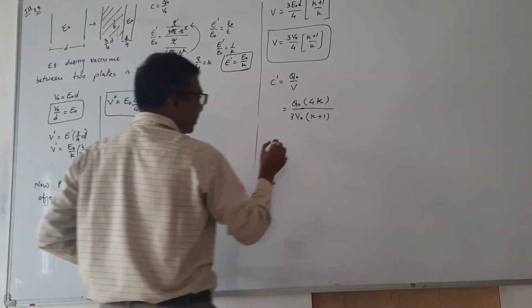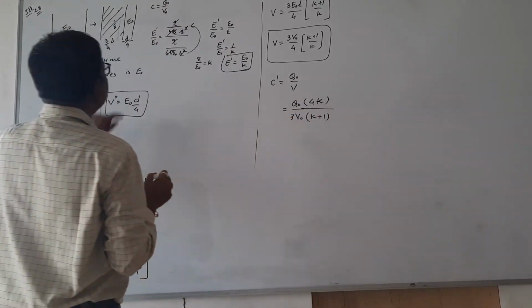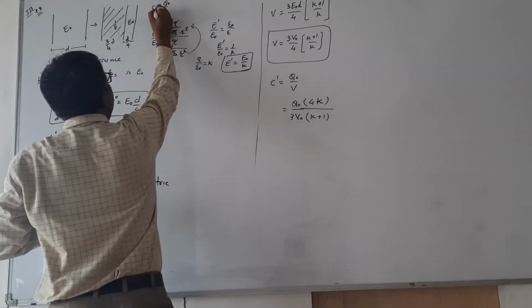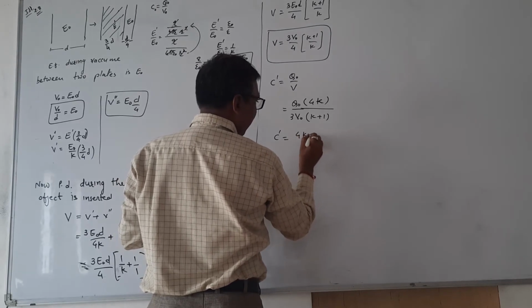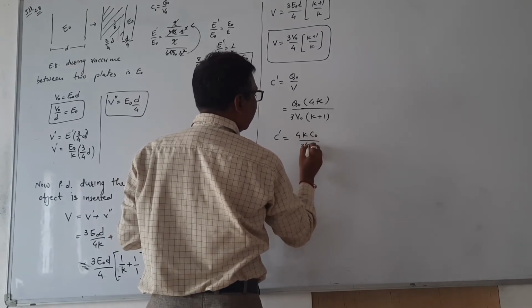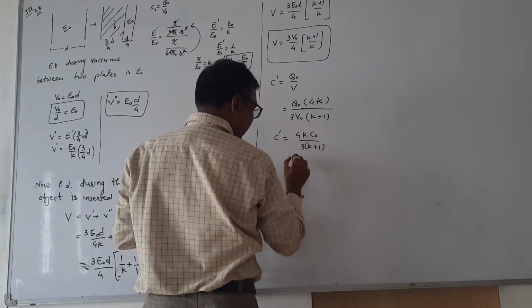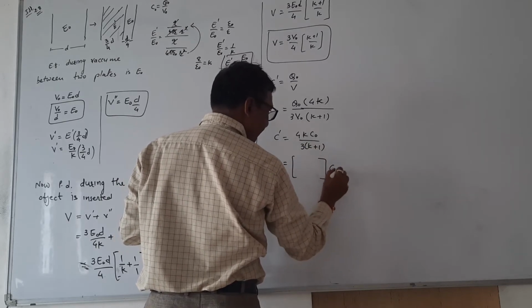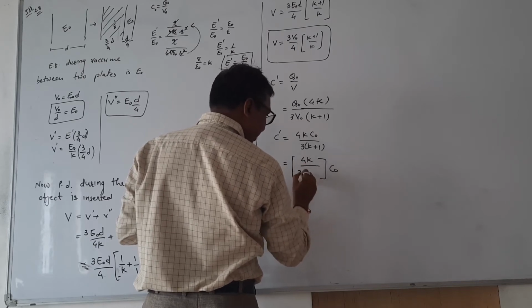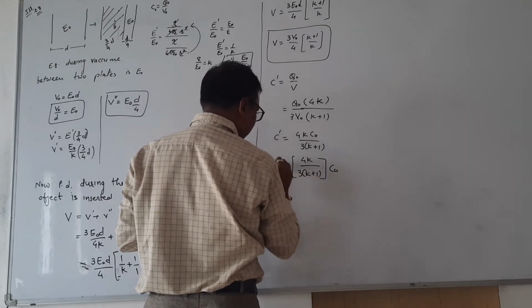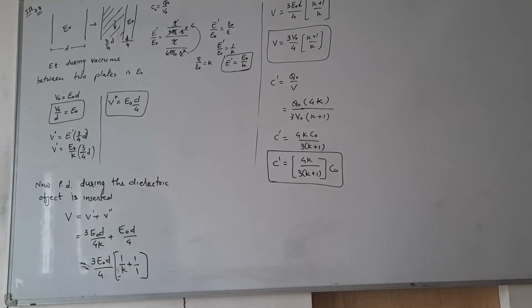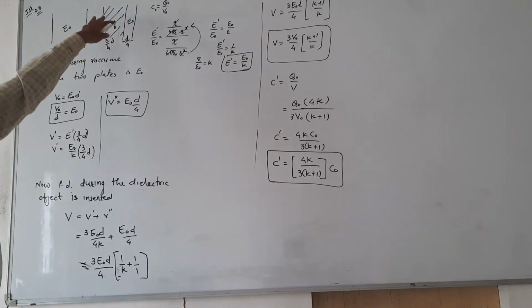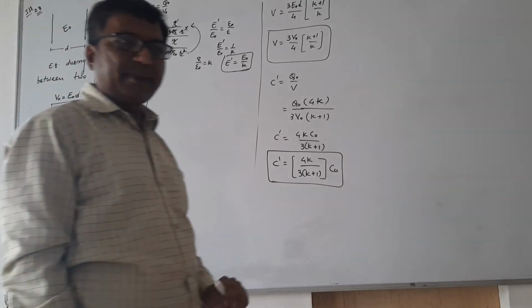Q0 upon V0 is equal to C0. So C dash is equal to 4K C0 upon 3(K plus 1). This is the new result of capacitance when you insert any dielectric object into the parallel plate capacitor.